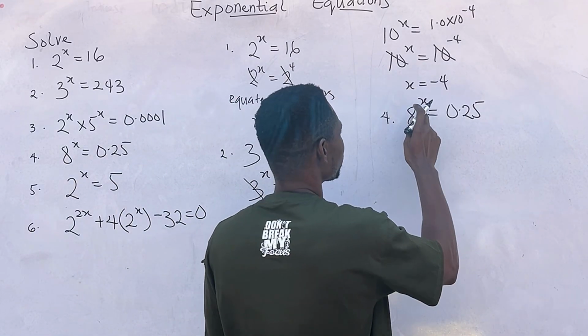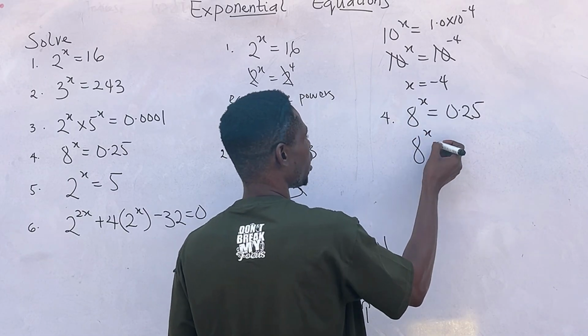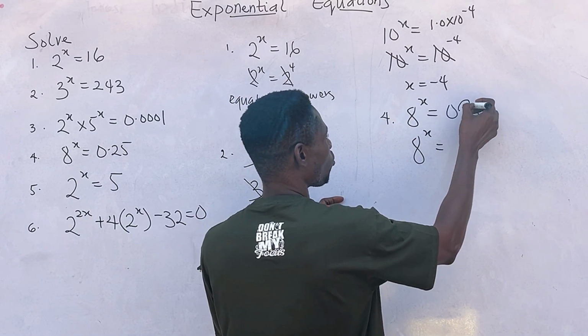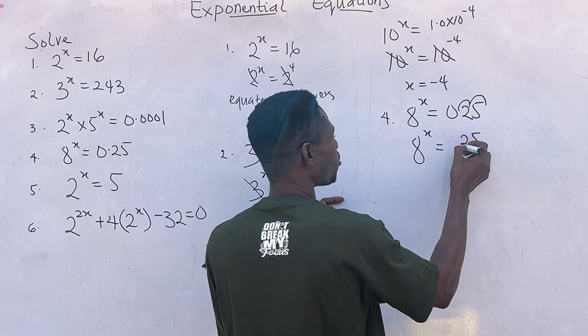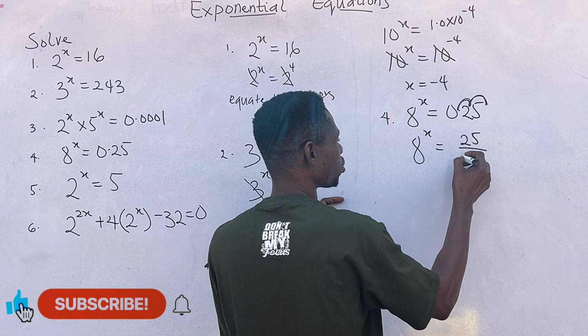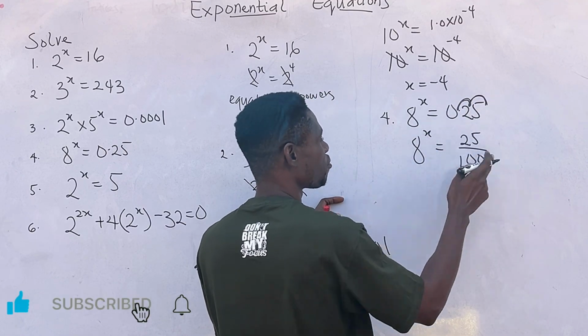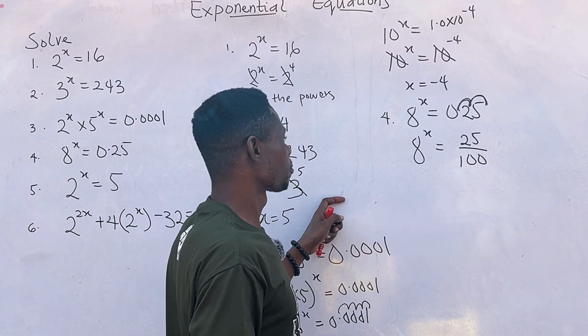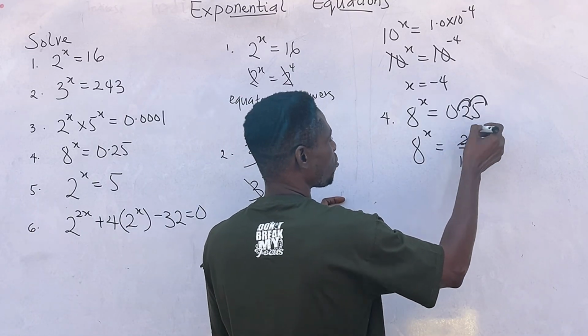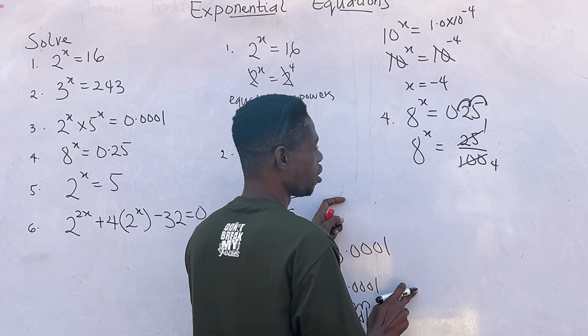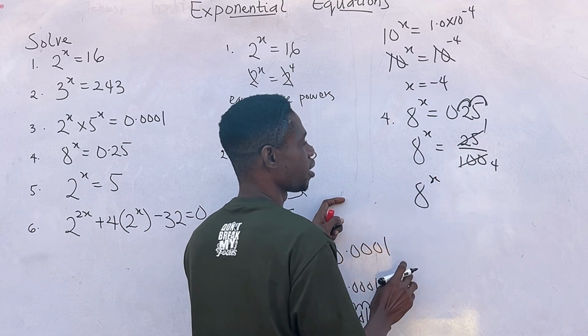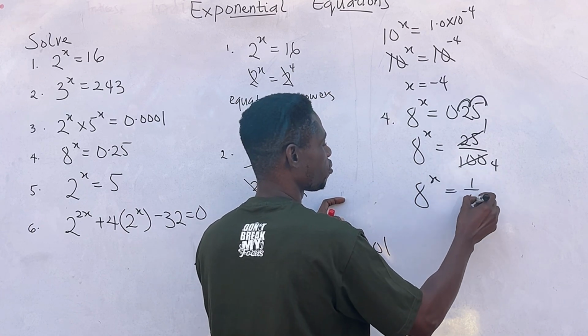So let's try. So here we have 8 raised to the power x equal to 25 over 100. Now we can divide 25 here by 25, and 100 by 25 gives 4. So we have 8 raised to the power x equal to 1 over 4.